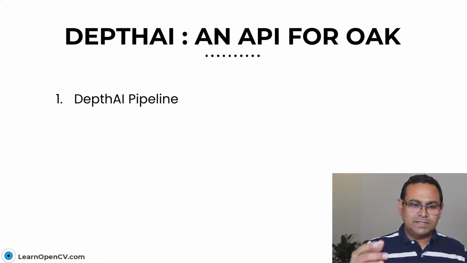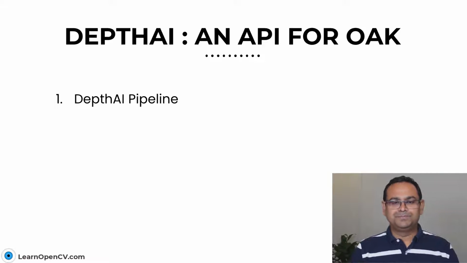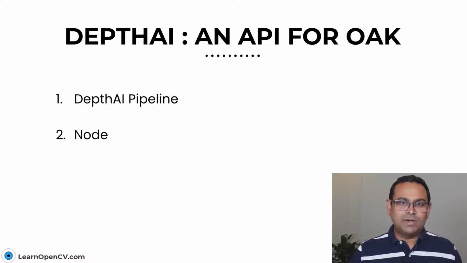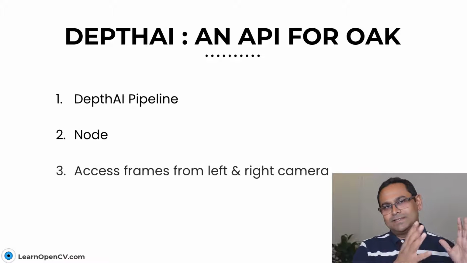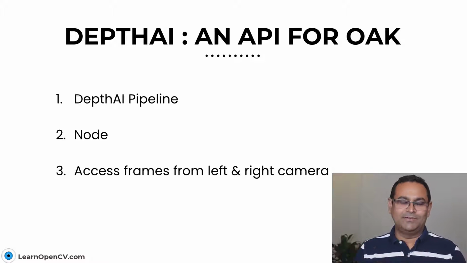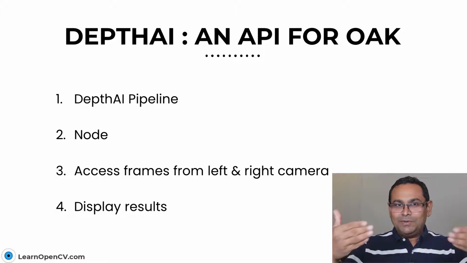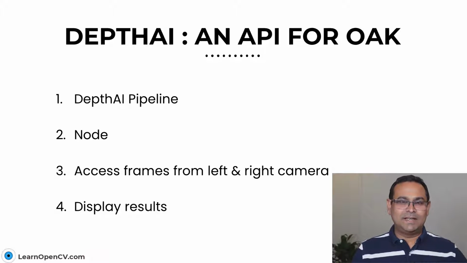So here in this video, we are going to cover the DepthAI pipeline. What is a pipeline? What is a node? And then we will use these two concepts to access the left camera and the right camera. And then we will just display them. And when you see them displayed side by side, there are two different ways we are going to display them.